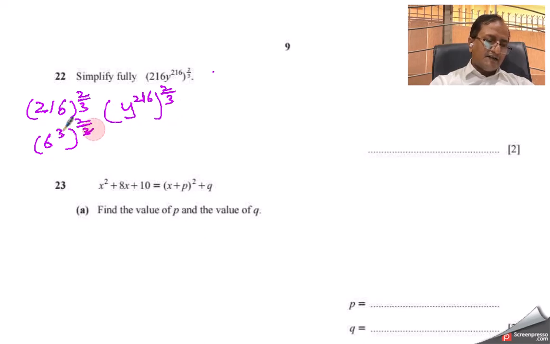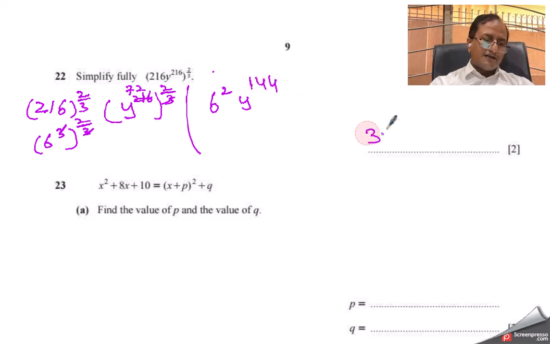Here the 3 and 3 cancel out, giving 6 squared. And y to the power 72 times 2 gives us 144.